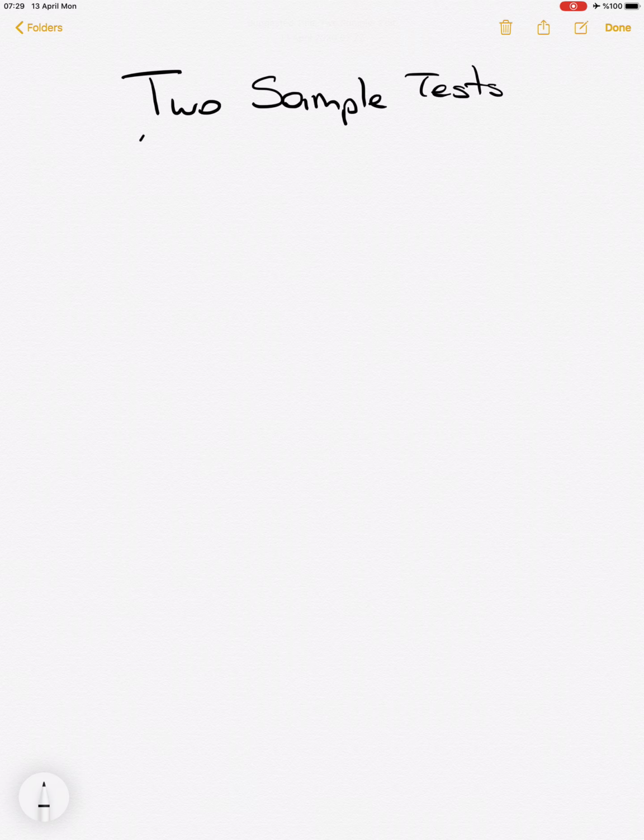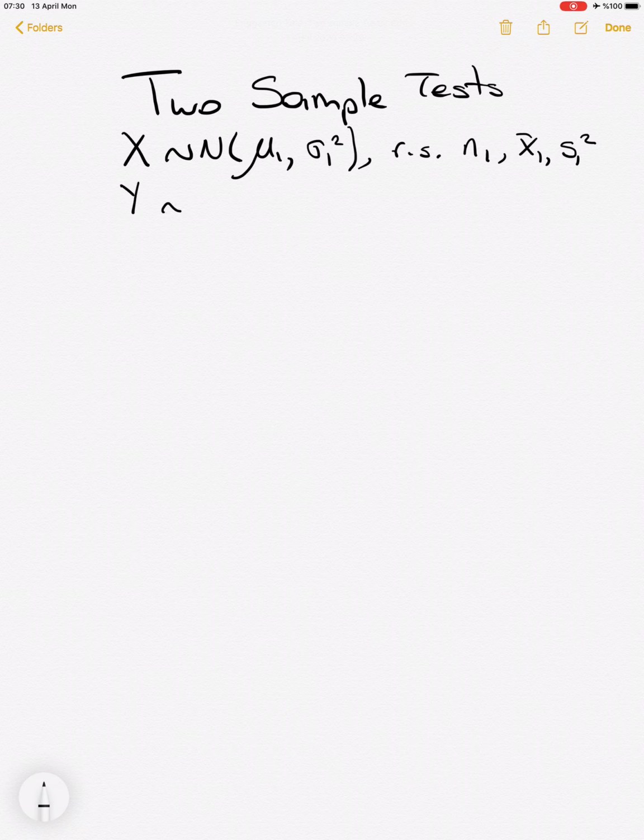Okay, so here let's assume that we have two normally distributed samples. X has mu1 and sigma 1 square, and we assume that we have a random sample of size n1, and we can then calculate the sample mean and sample variance based on this one. So we have also Y, distributed as normal with parameters mu2 and sigma 2 square.